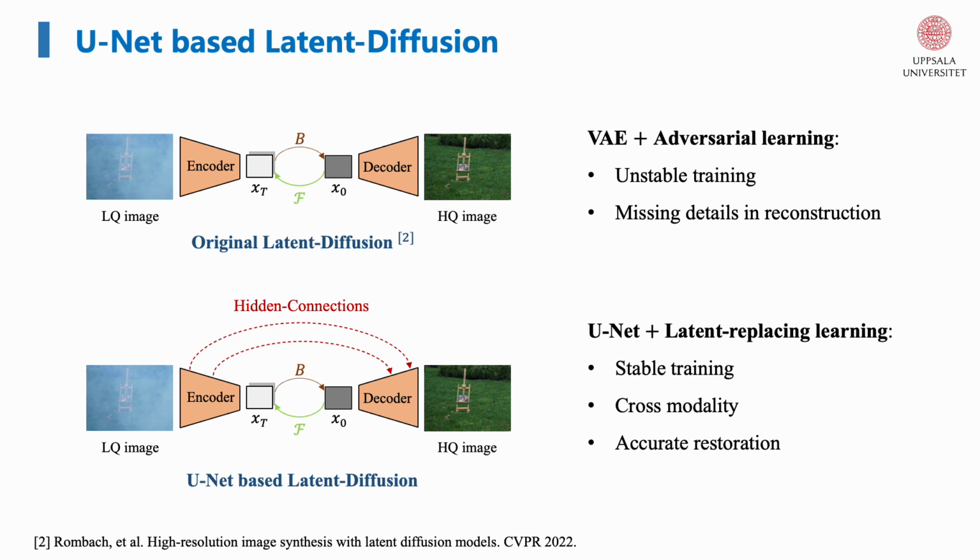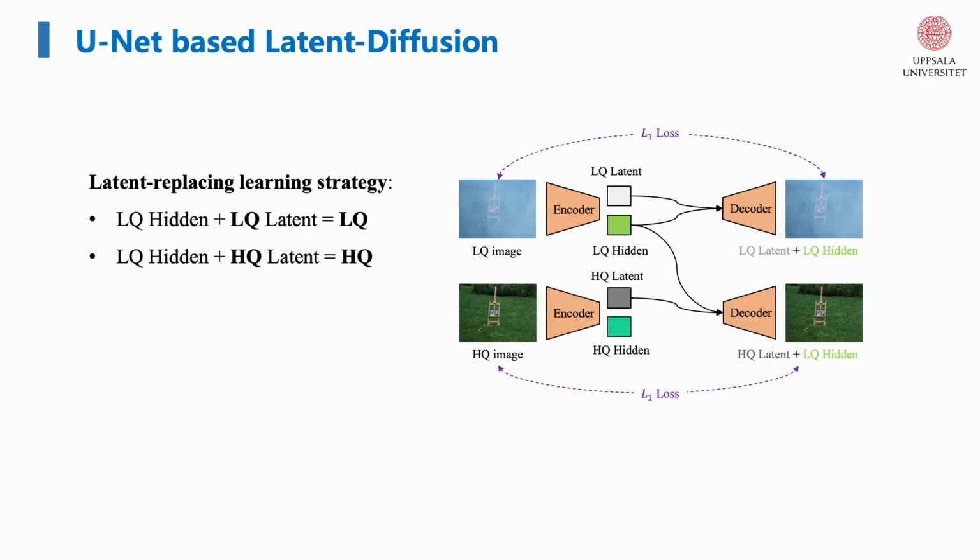Our model is thus stable in training and handles cross-modality images, and the restored results are also accurate. The latent replacing learning strategy is shown in this figure. We would like to combine LQ hidden connections with HQ latents to generate high-quality images, which could ensure that transforming the latent to HQ space would restore the HQ image accurately.